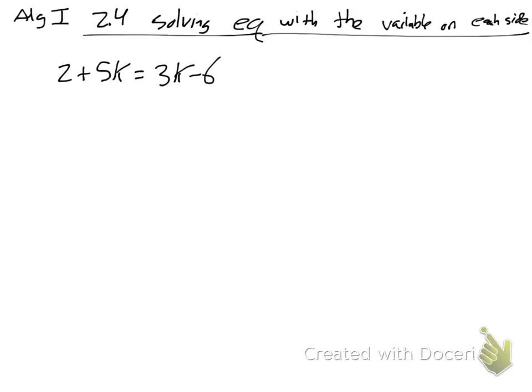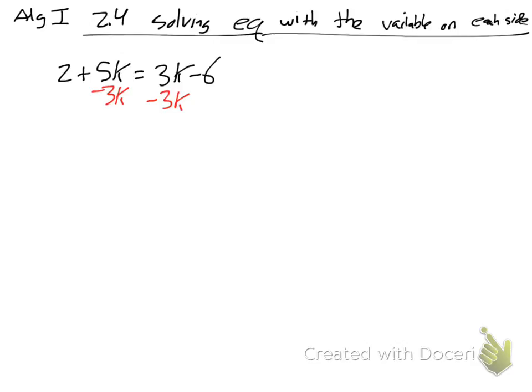And when I do that, since it's adding 3k, I need to subtract 3k. I'm going to subtract 3k from both sides. Now, why do I move the smaller variable? It gives me a greater chance of keeping my variables positive.